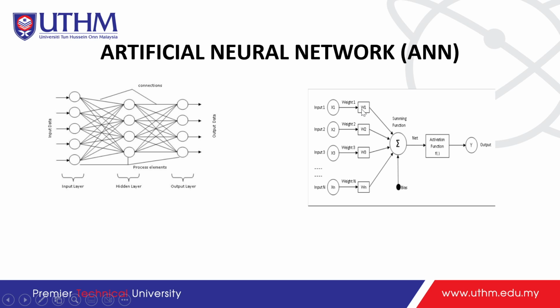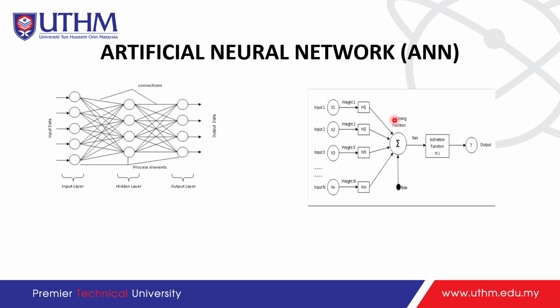The product of each input with its weight, x1 times w1 plus x2 times w2 plus x3 times w3 until xn times wn, will be summed, and this sum we call the net. This net will go into the activation function to give an output.